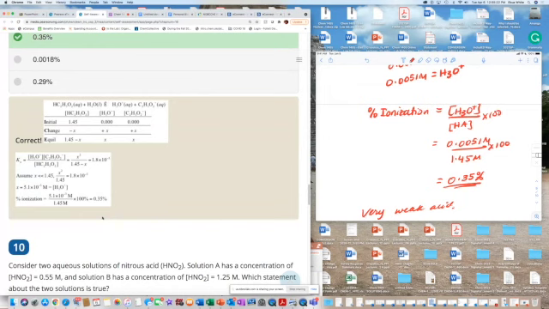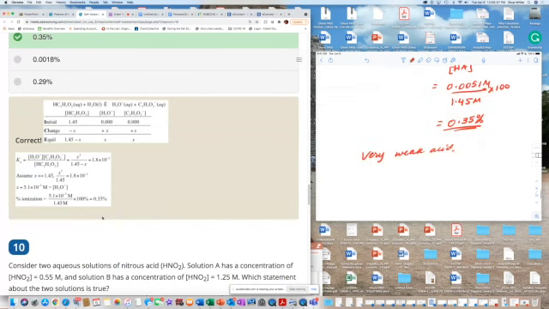it's a very weak acid because remember, the percent ionization ties into the acid. The higher the percent ionization, the stronger the acid.